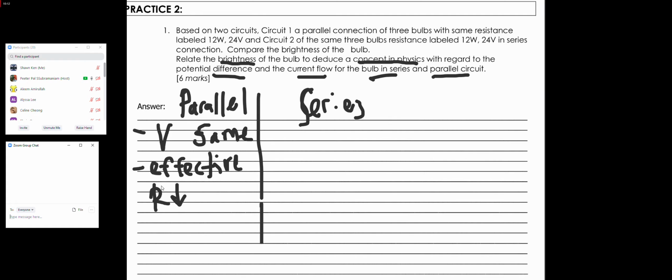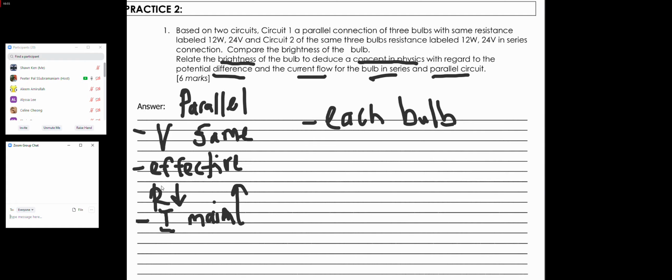And in parallel, the main current, the effective current, increases. So in parallel, there is the same potential difference across each bulb, the effective resistance decreases and the main current value increases.